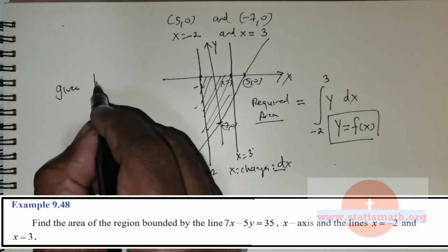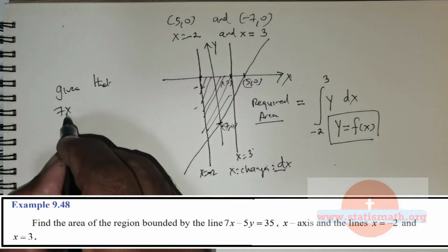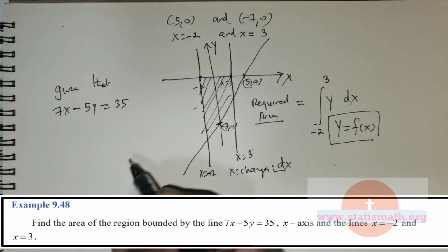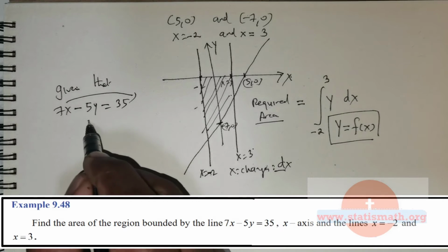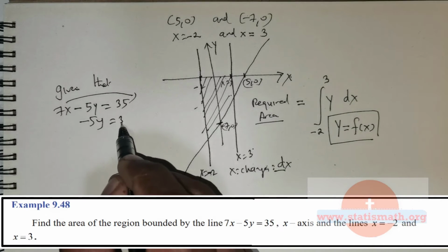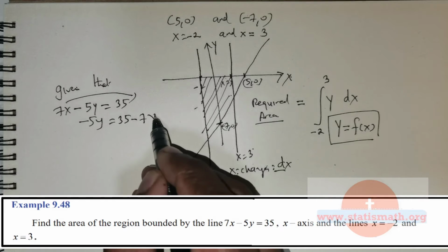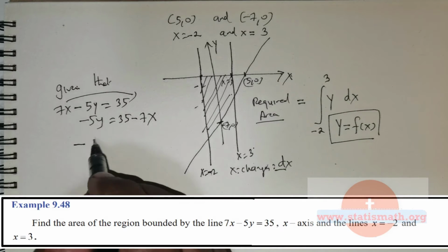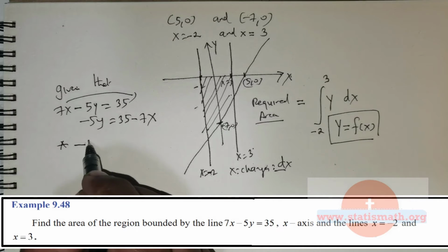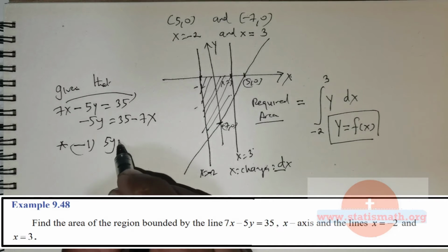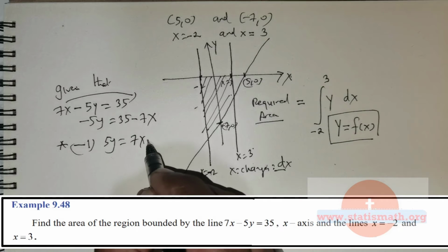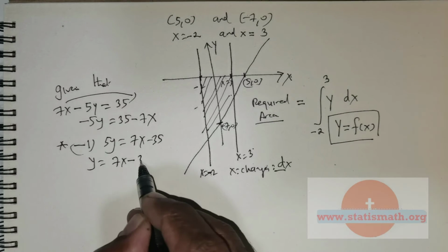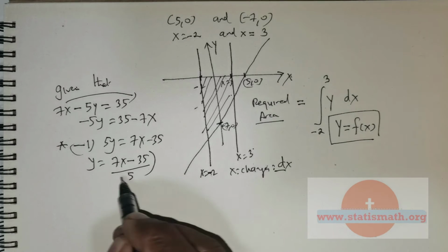Now what are you given? You're given that the line is 7x - 5y = 35. So move this x to this side. So you get -5y = 35 - 7x. So this means I multiply by -1 on both sides. I get 5y = 7x - 35, which means y = (7x - 35) divided by 5.